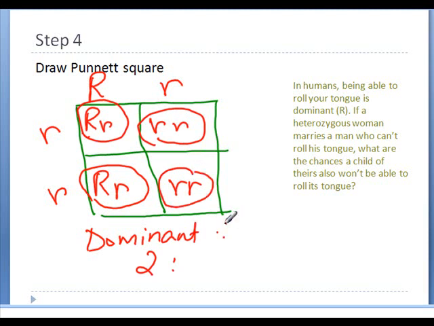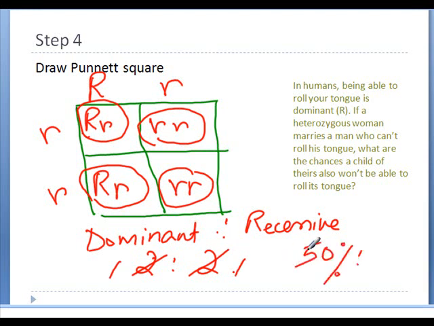So that means there will be 2 recessive children and 2 dominant. So it's a ratio of 1:1, or we can say 50% chance that the child will be able to roll their tongue and 50% that they would not be able to roll their tongue. I hope it made sense to you.